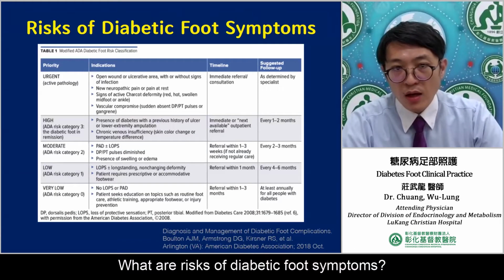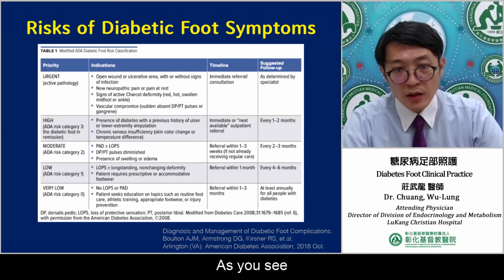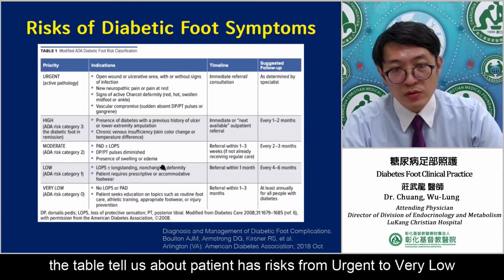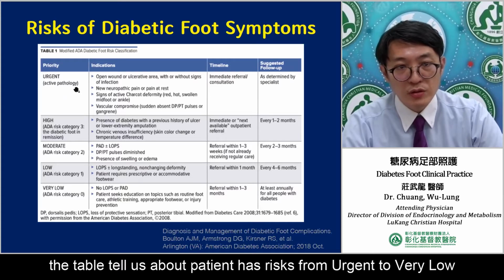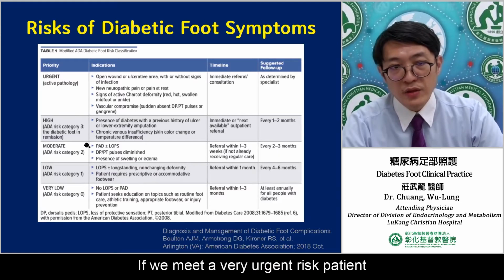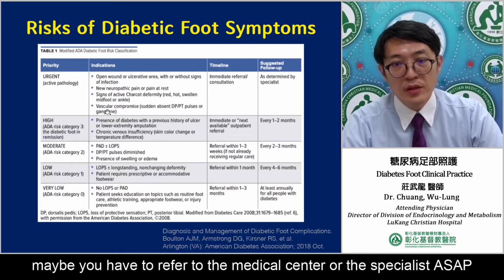And what are the risks of diabetic foot symptoms? As you see, the table tells us which patients have urgent risk, high risk, low risk, and very low risk. If we meet a very urgent risk patient, you may have to refer to a medical center or specialist as soon as possible.